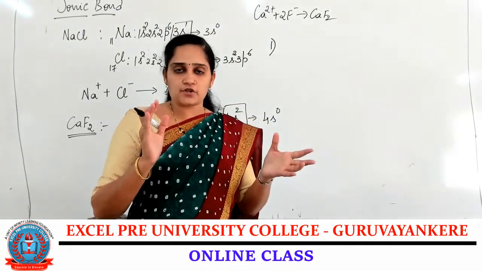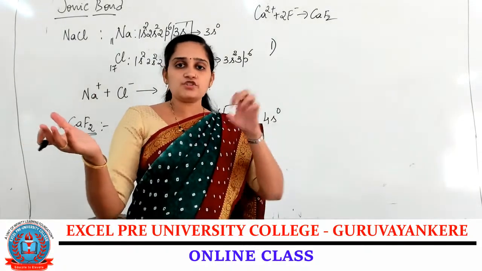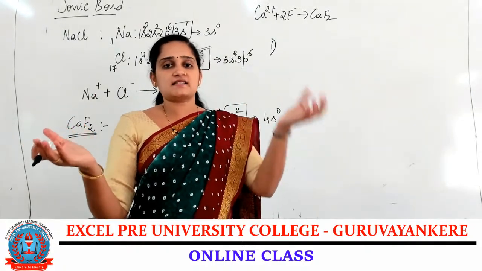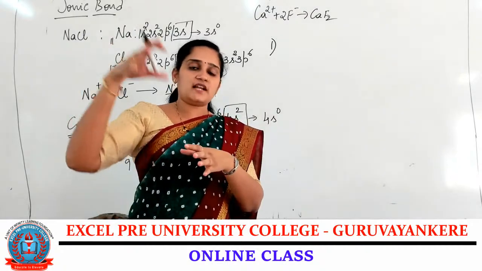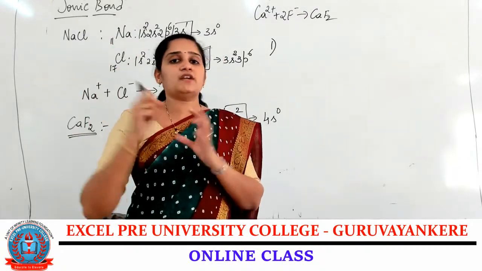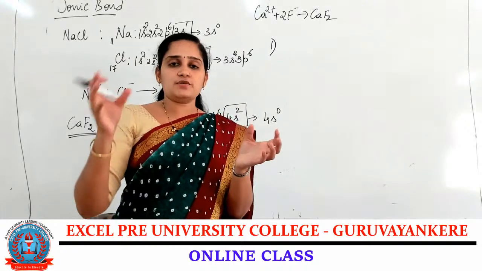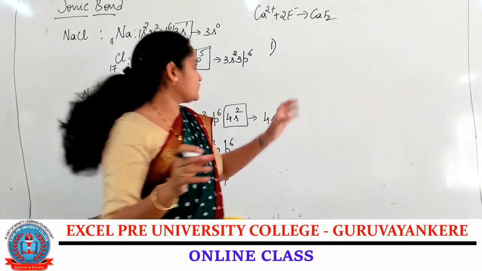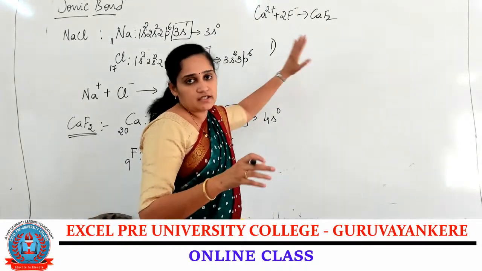Most electropositive means it is ready to give the electron; most electronegative means it is ready to gain the electron. So an electropositive one and an electronegative one form an ionic bond.